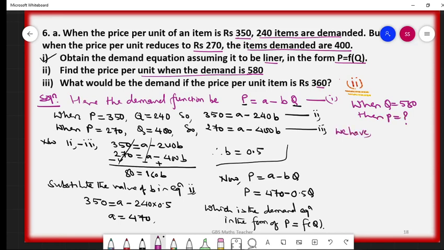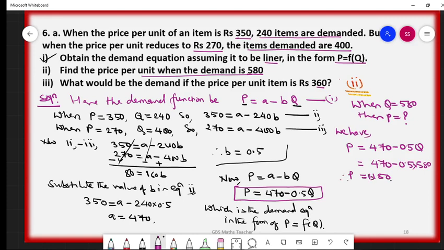We have P equal 470 minus 0.5Q. So P equal 470 minus 0.5 times 580 equal 180. Price should be Rs 180. This is the solution.